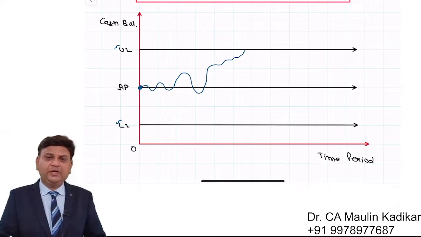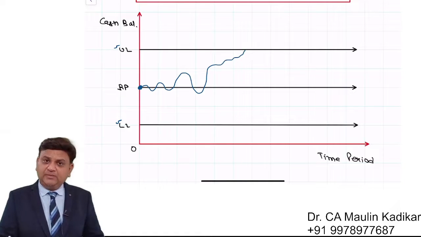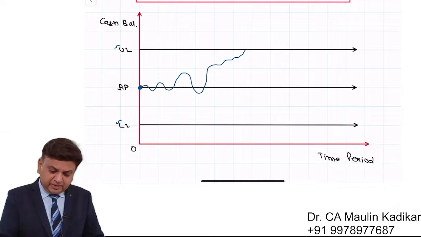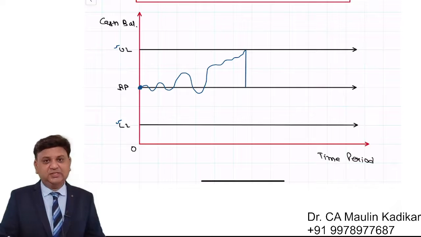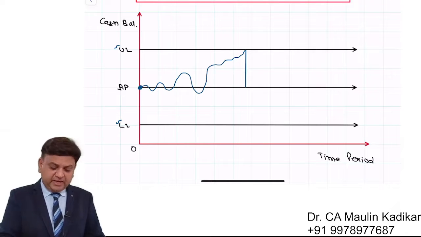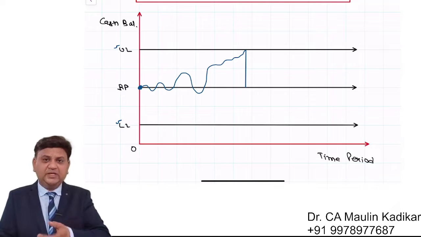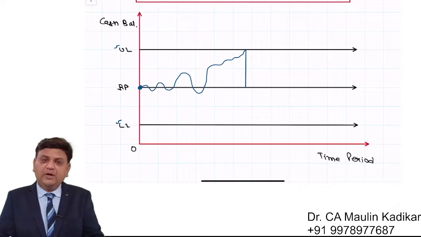At any point of time when the cash balance increases to UL, that is upper limit, we are required to make an investment in liquid securities. Such an amount will be invested in the liquid securities so that the balance reduces from the upper limit to the return point.